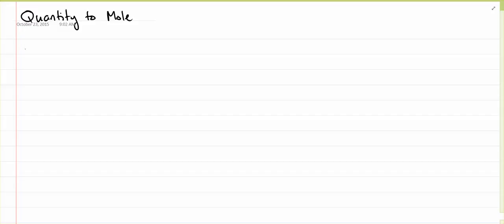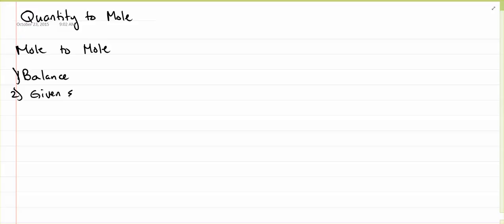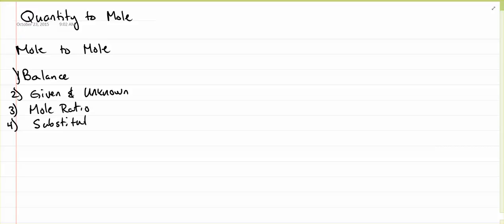If you remember, when we had a mole to mole problem, our steps were balance, given and unknown, mole ratio, substitute, and solve.